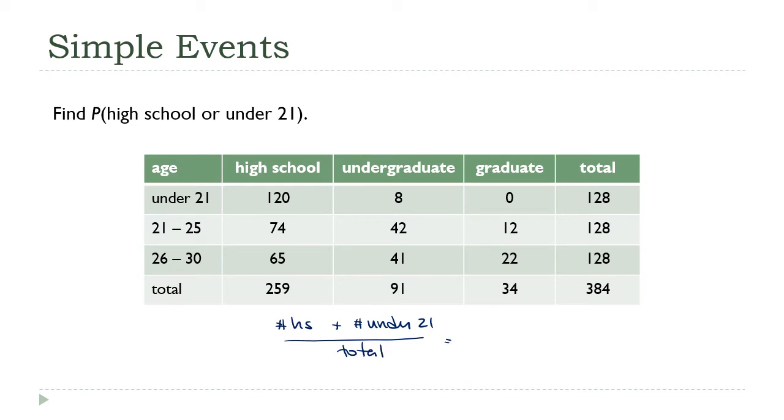What do I get? There's 259 high school students plus 128 people under 21, and the total is still 384. If you add up that numerator, you get 387 over 384, and that's a problem. We're in trouble right off the bat.